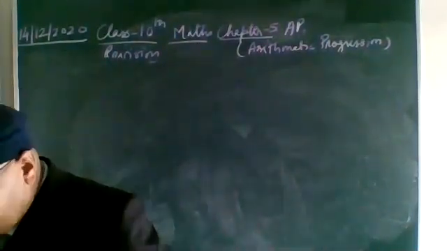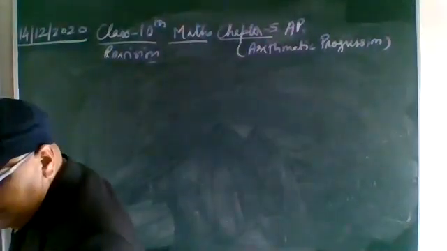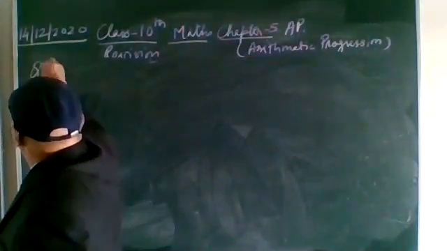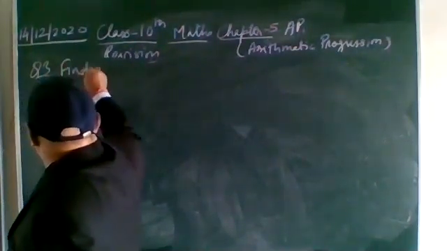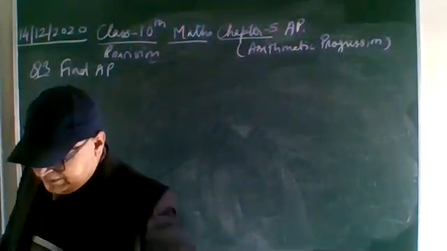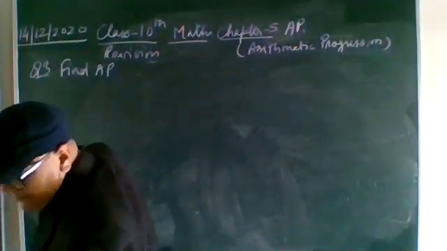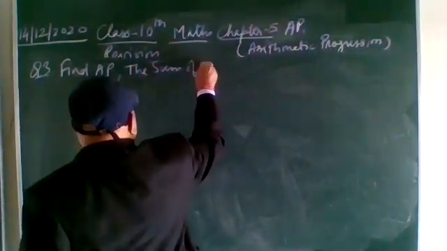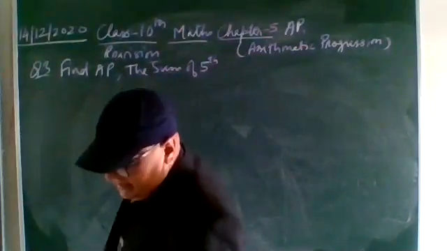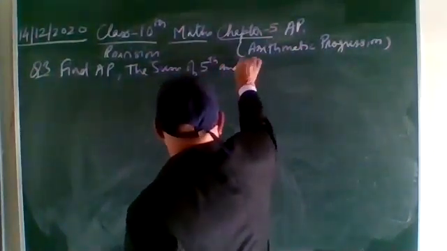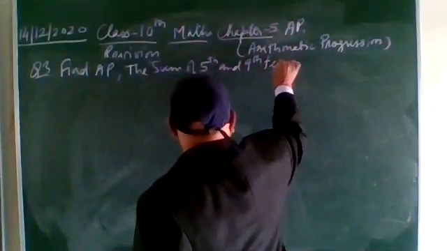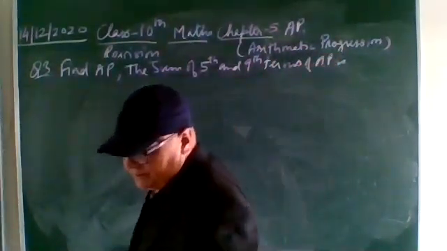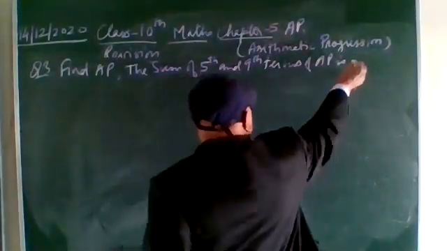Next, find the AP. The sum of the fifth and ninth term of an AP is 30.